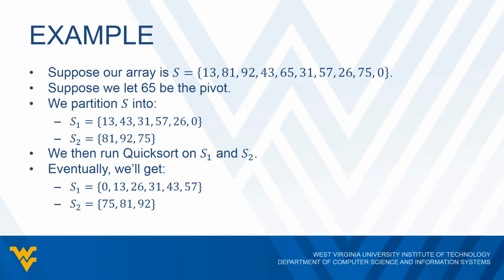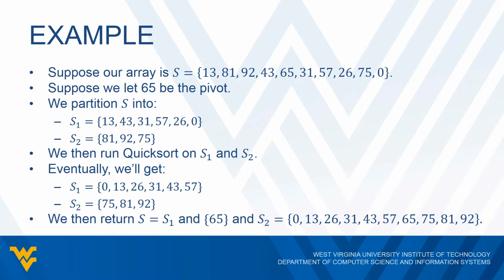So eventually S1 and S2 will be sorted with respect to those sets. Then our result is just going to be all of S1, and then 65, and then all of S2. So our final result would be 0, 13, 26, 31, 43, 57, and then 65, and then 75, 81, and 92.